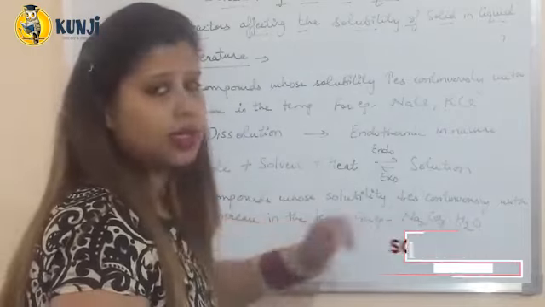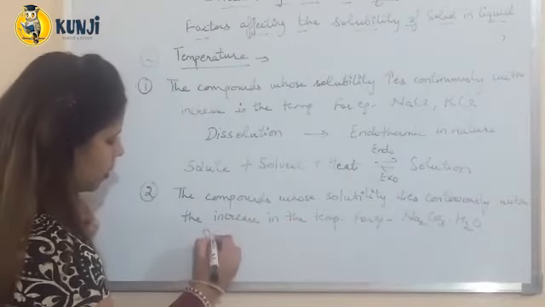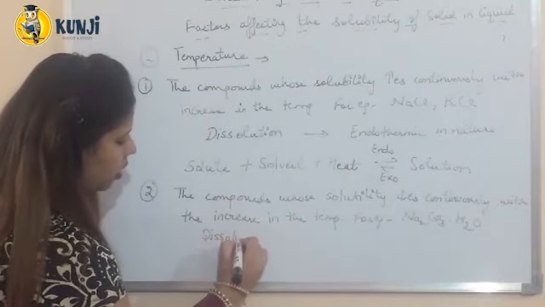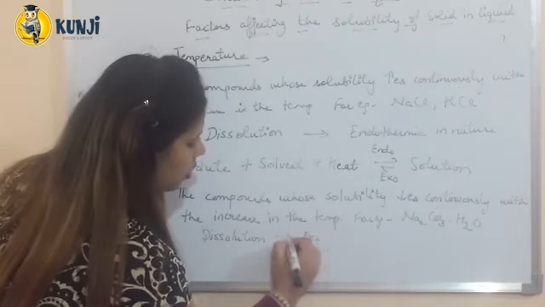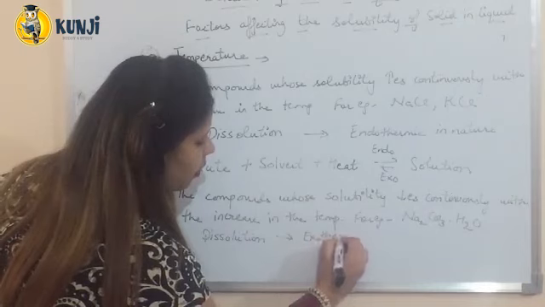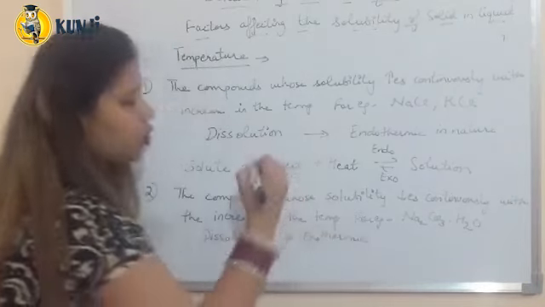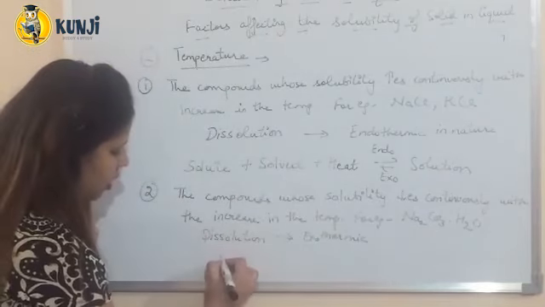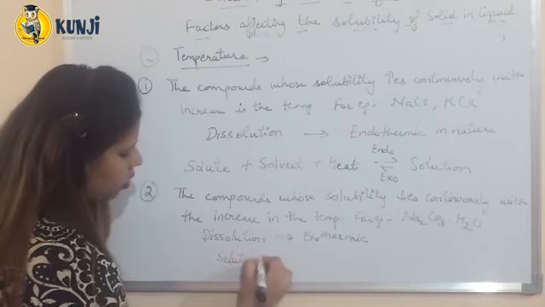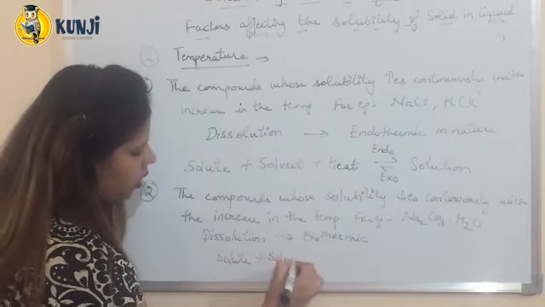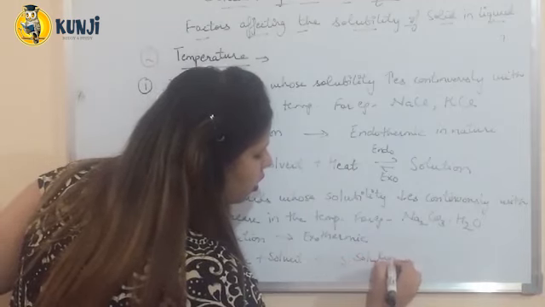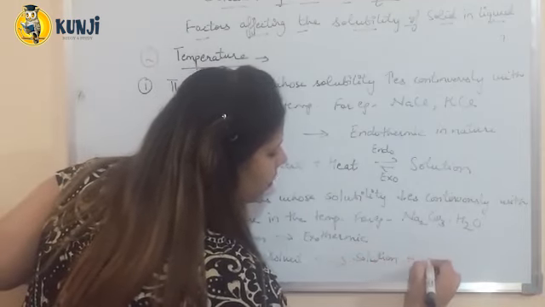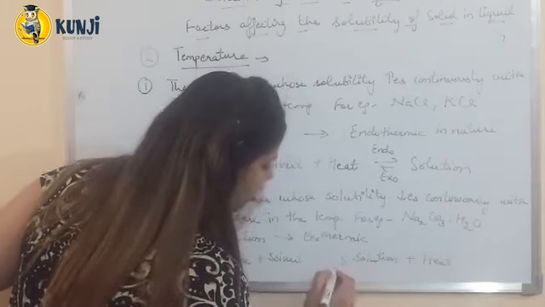Now what happened in this case? It was observed that the dissolution process in this case was exothermic in nature, which means if you are adding solute into the solvent to form the solution, the heat will be released.